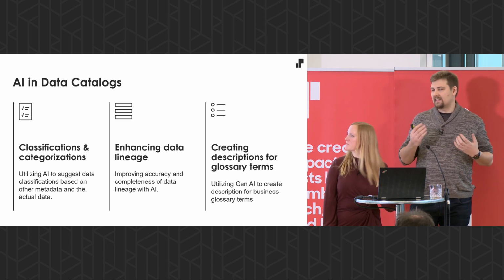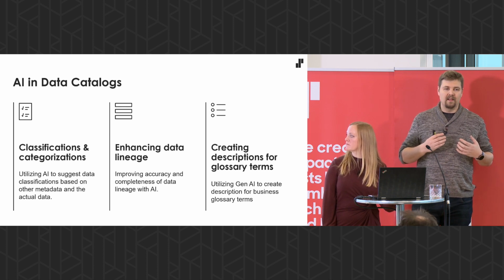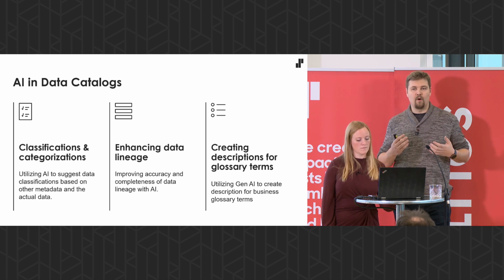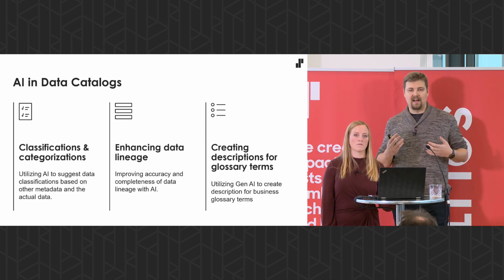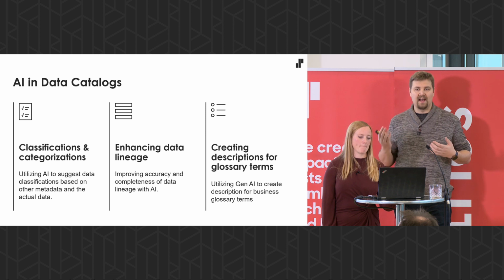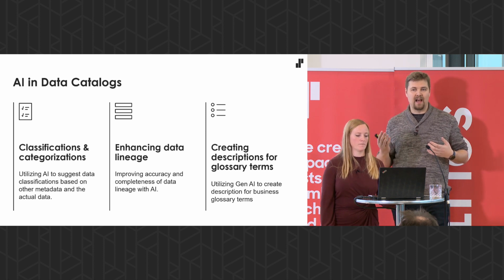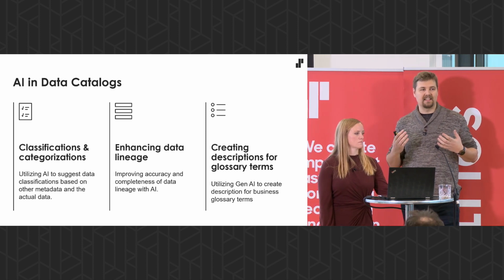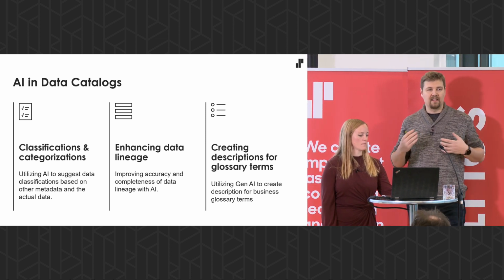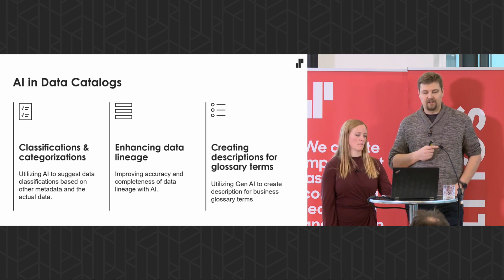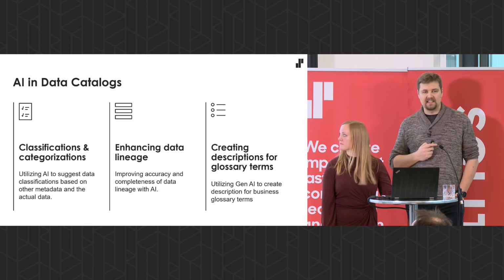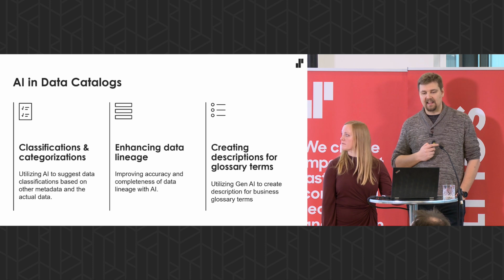The easiest example is that if we have data coming from a single source, and we have 3 assets with the names steward and owner, and 2 more data assets coming from the same source, the AI can then suggest that maybe these should have the same owner as they are coming from the same source. That's a really simplified example, but this kind of intelligence for suggestions is definitely one thing that AI will start assisting us with when we are utilizing these data catalogs.